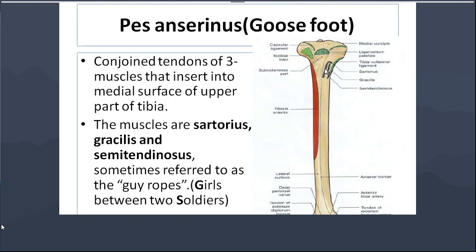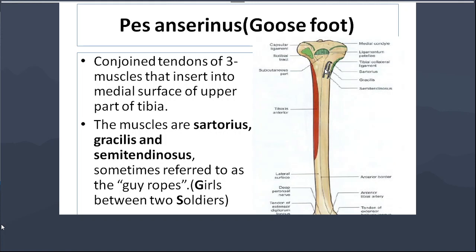Where is the insertion of semimembranosus? The groove on the posterior surface of the medial condyle of tibia. Very good. And the insertion of the ischial head of adductor magnus is the adductor tubercle of the femur. Yes.